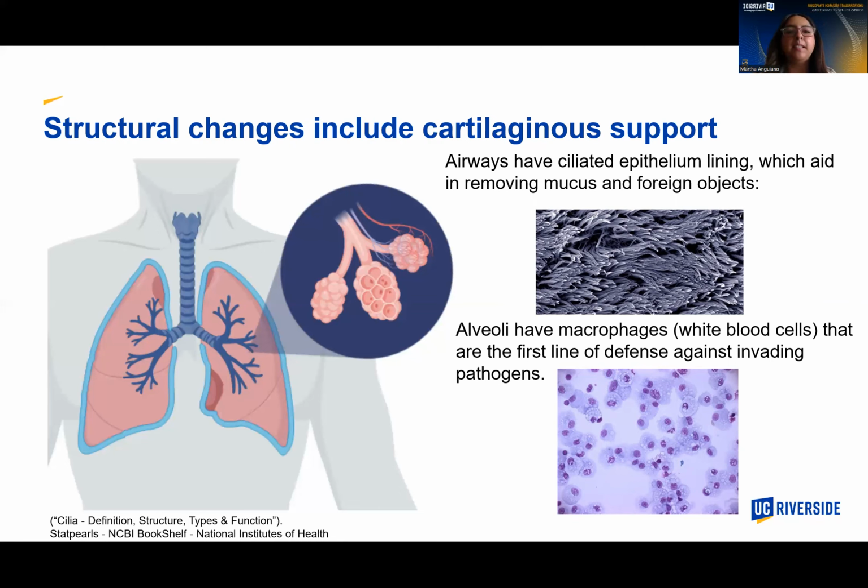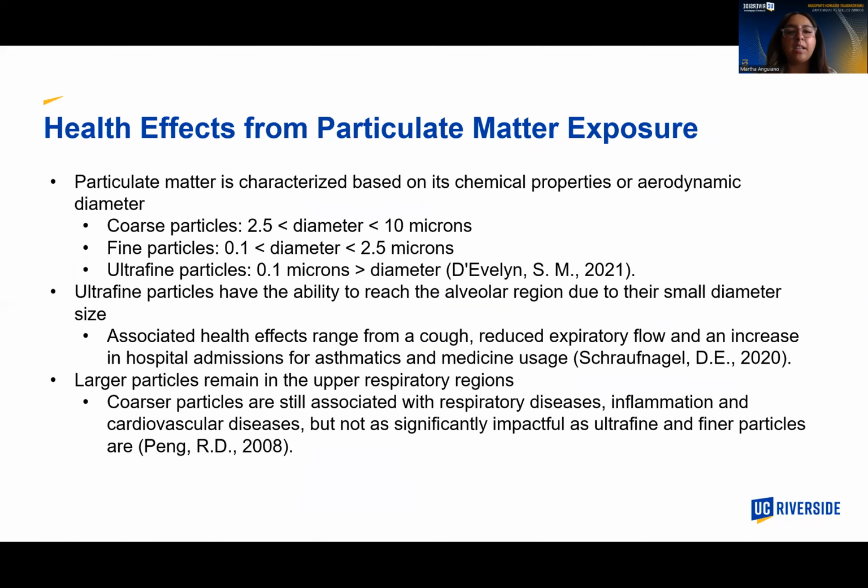By keeping in mind the different support systems that the airways and the alveoli have, we can go into the different health effects that come from particulate matter exposure. Particulate matter is characterized based on either its chemical properties or its aerodynamic diameter. For my study specifically, we're going to be focusing on the diameters.